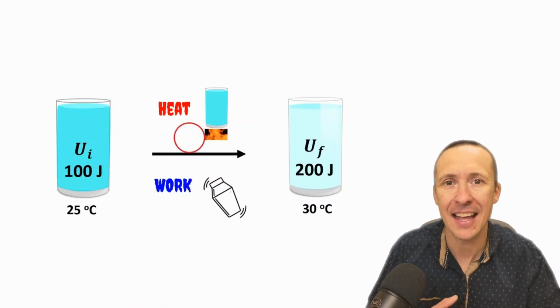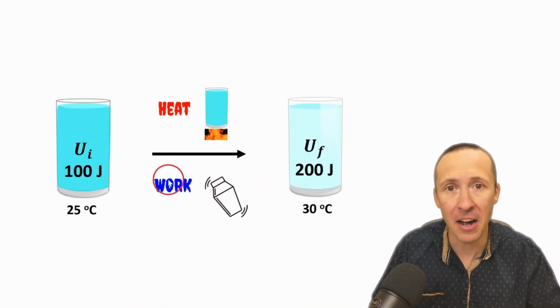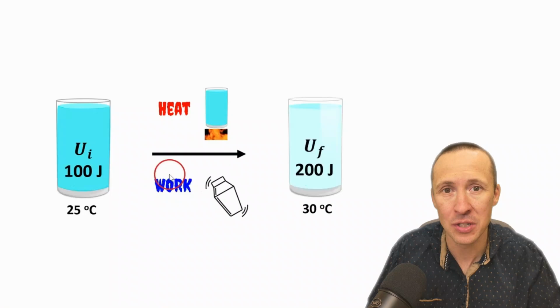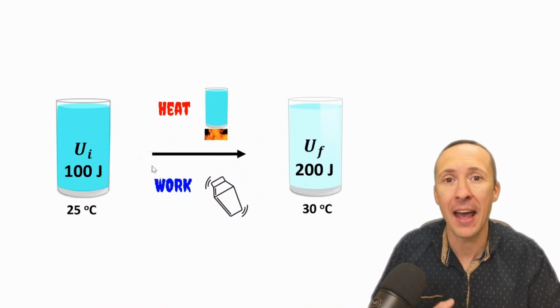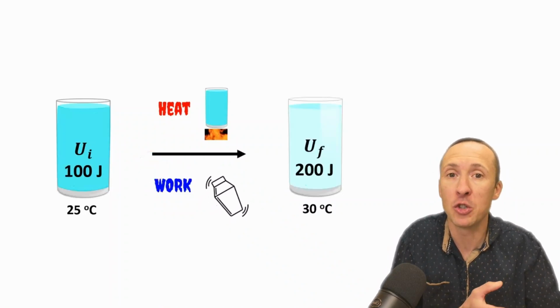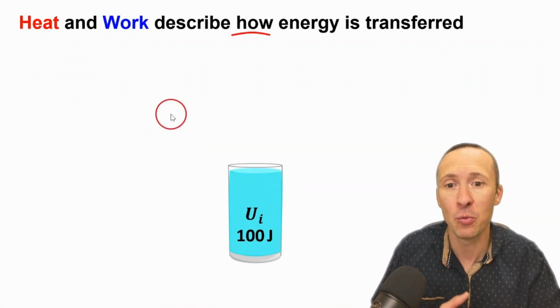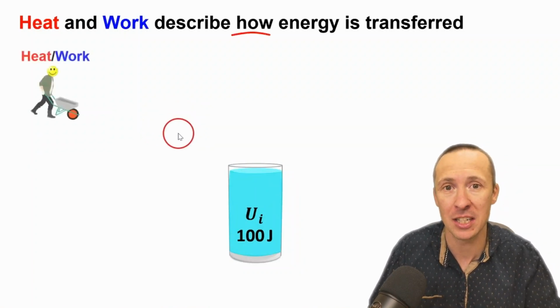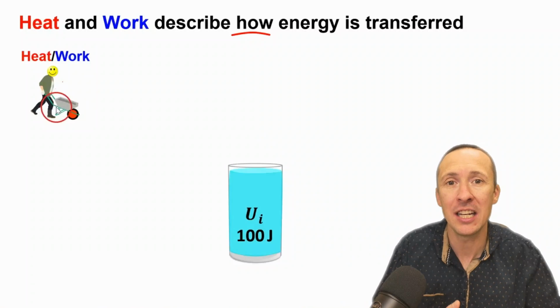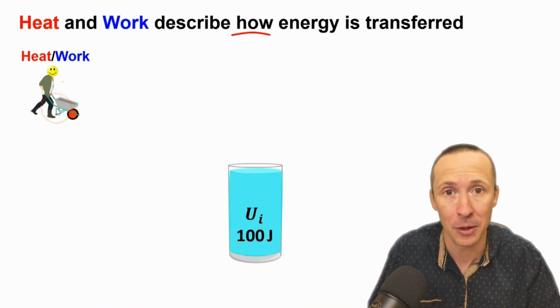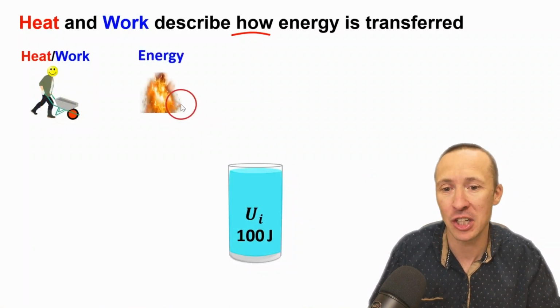The key thing is that heat and work are path functions, and their values describe the amount of energy that's being transferred between states. So that's the key part. Heat and work describe how energy is being transferred. If we imagine heat and work as this person with the wheelbarrow, and let's imagine energy as this fire.